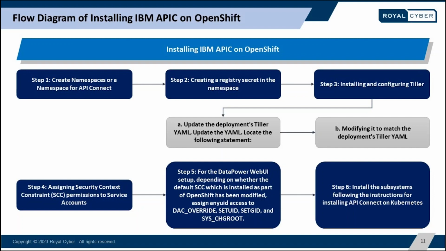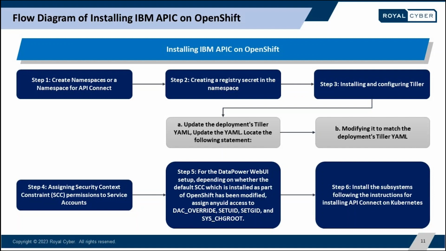A key detail here is to set the ingress type to route for each subsystem. As an example, we will demonstrate the command apicup subsystem set sub_sys ingress-type route. This is an important and crucial step for routing external traffic to your API Connect subsystems. So these are the high level steps you need to perform to install and configure APIC on the OpenShift platform.